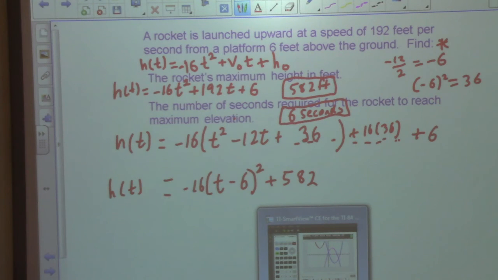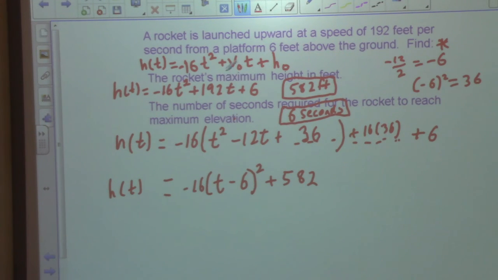Wouldn't you take 582 and divide it by 192? Because if it was 6 seconds, it'd be closer to 100 feet per second. Yeah, that's for height, but we've got gravity working against it, and gravity takes it down pretty fast. So you're saying it defies your intuition. That's a good way to think about it.